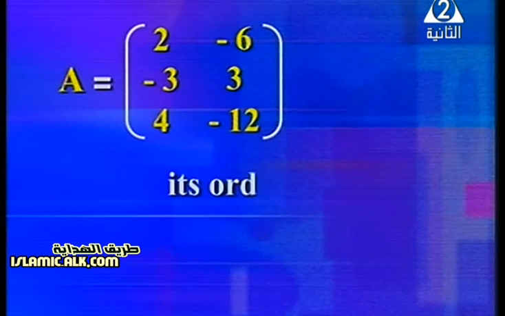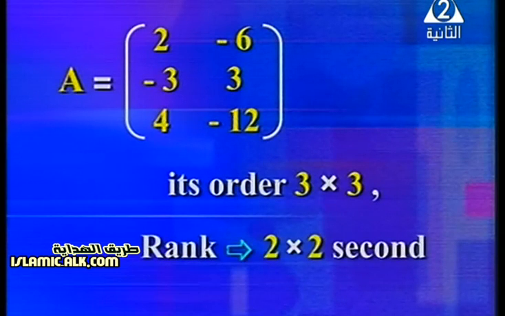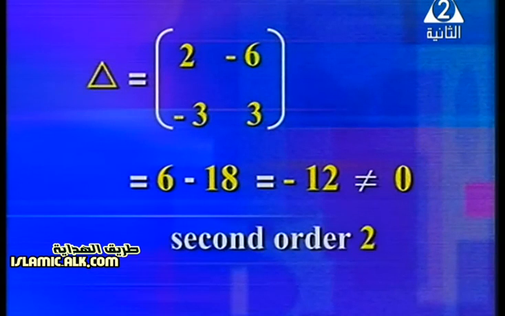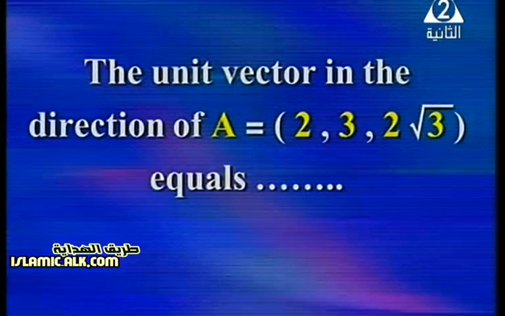Dear student, what is the order of the matrix? 3 by 2. The rank can be 2 times 2, second order. What is the delta? It equals 2 times 3 minus (-6) times (-3), which equals -12, not equal to 0. Then the second order is 2, so the rank is 2.